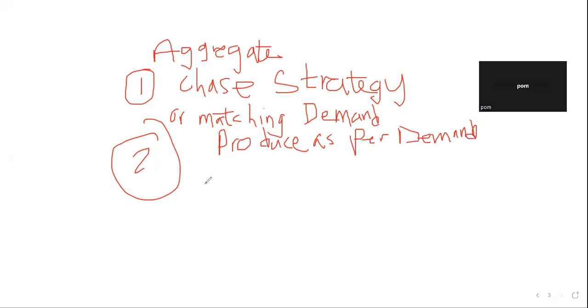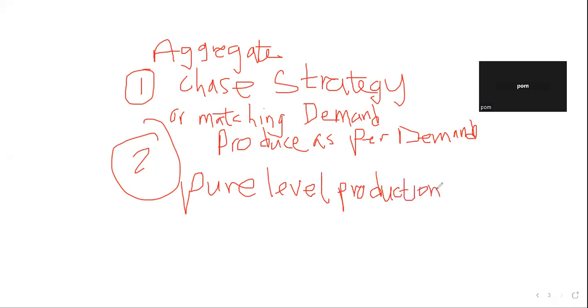Then the other strategy is the pure level strategy, so pure level production. So these are the two strategies that we look at concerning aggregate planning.